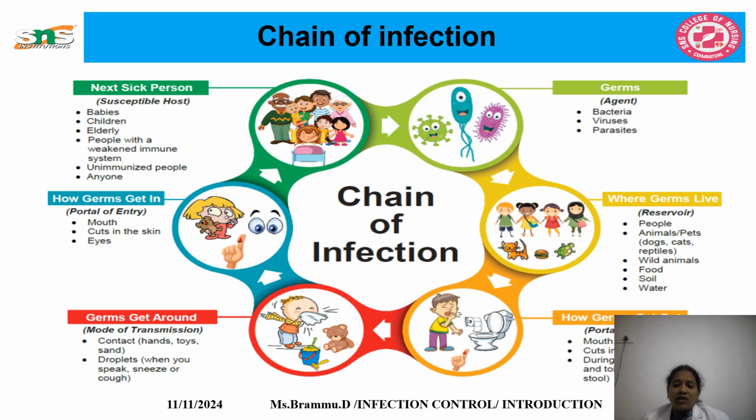Also the mode of transmission might be direct contact with fomites, droplets, or waterborne, or the patient may be exposed to the risk of infection. And how the germs get in, the portal of entry, would be a cut injury on the skin or the mucous layer, that is the mouth as well as the eyes.